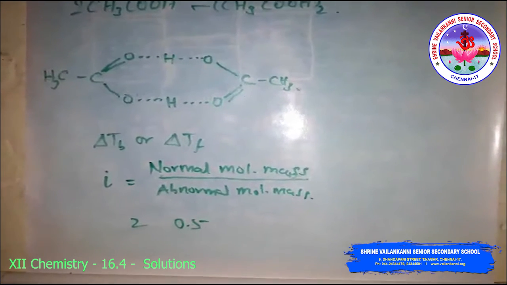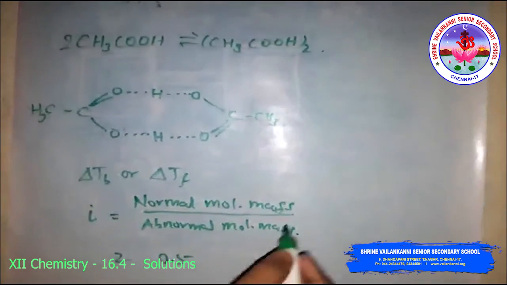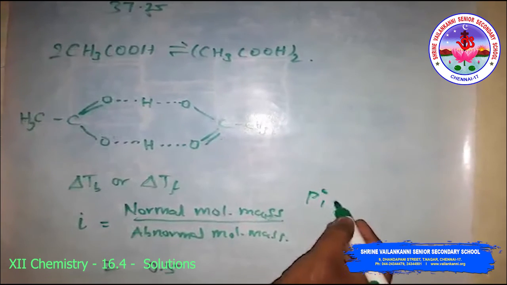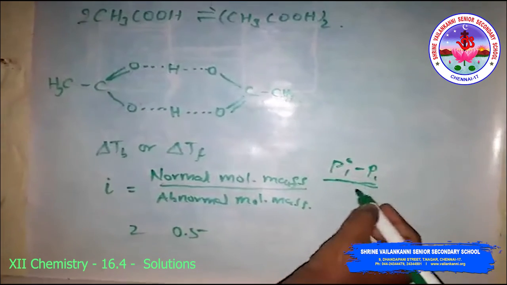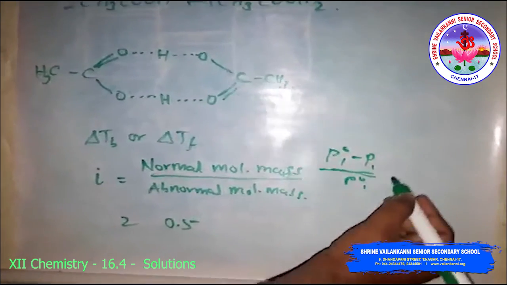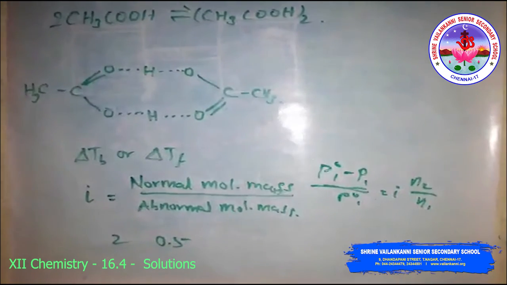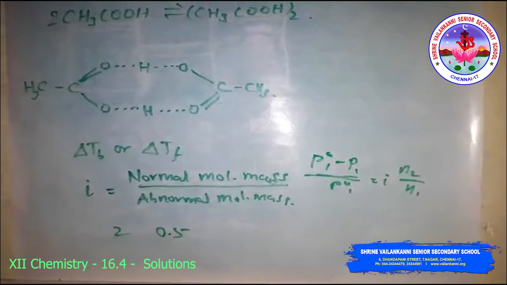The relative lowering of vapor pressure of solvent, (p1 naught minus p1) divided by p1 naught, is equal to i times n2 divided by n1. So you have to put in i, the Van 't Hoff factor.